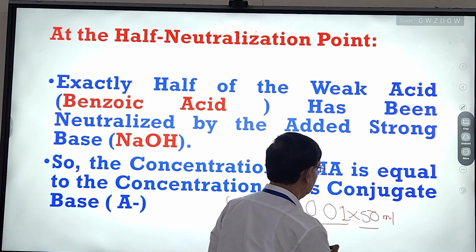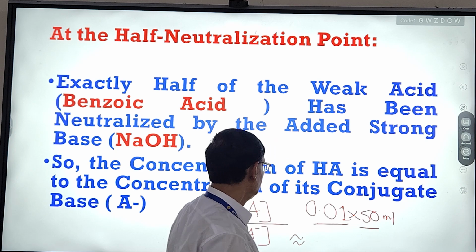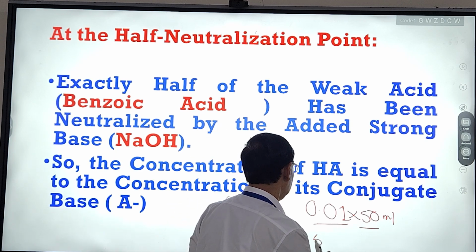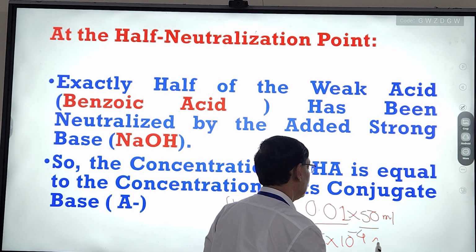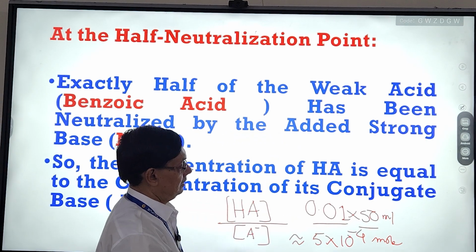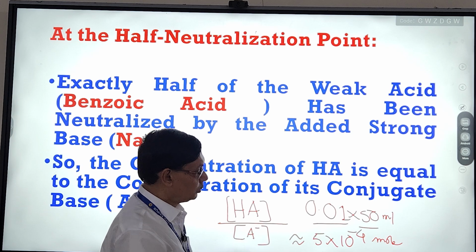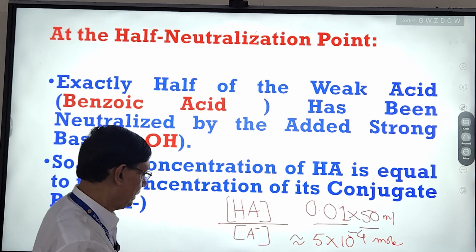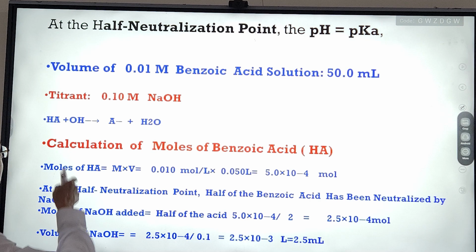I can calculate the exact moles of HA, which must be 5 into 10 to the power minus 4 mole. I'll show you the calculation, and then at half neutralization point it will become 2.5 into 10 to the power minus 4. You must know why pH is equal to pK at half neutralization point. So I am giving the example here.